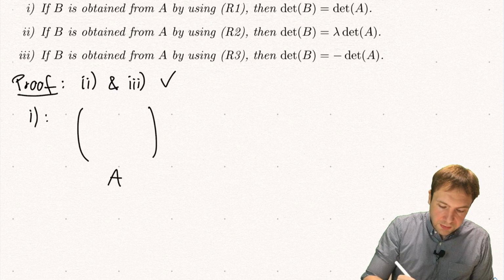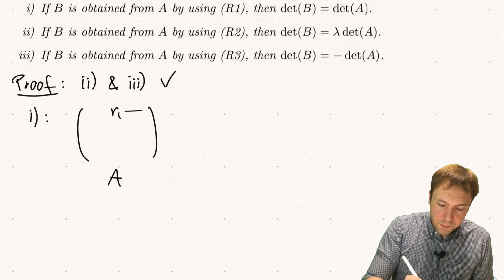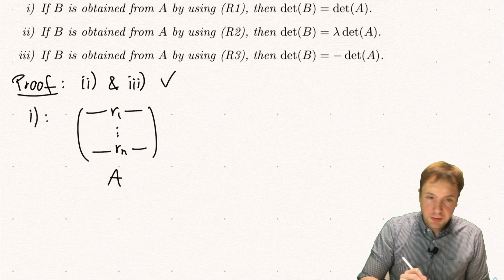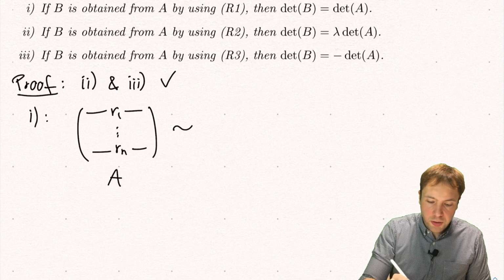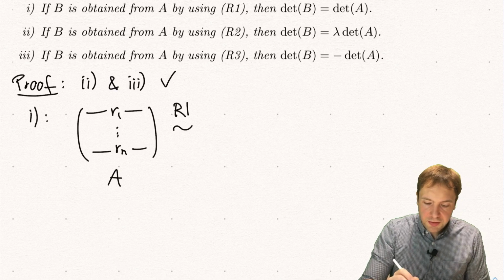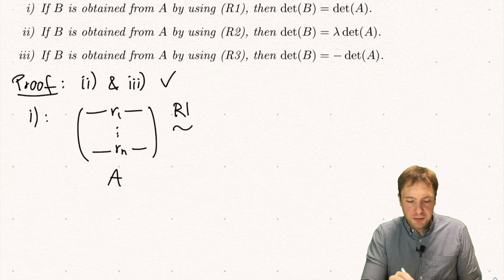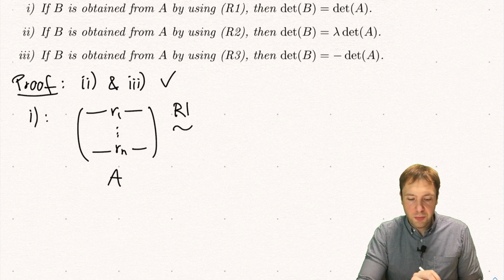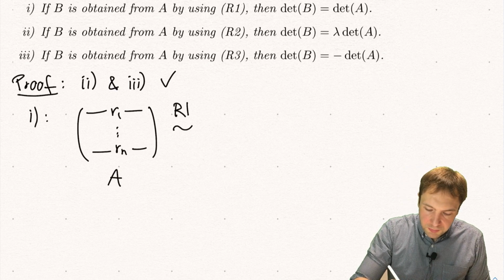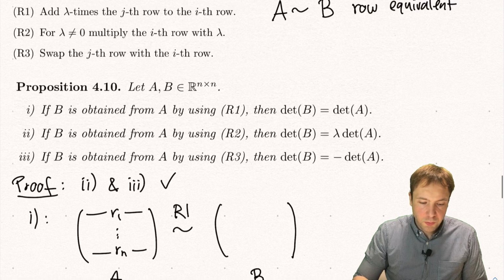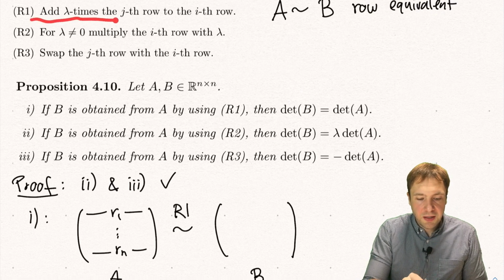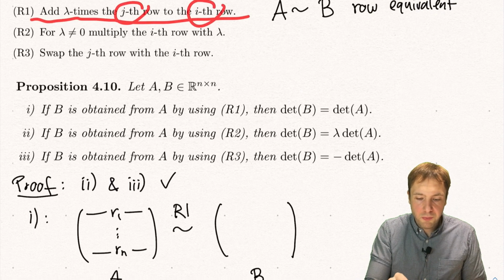So this is A, and let's call the first row R1 and up to Rn. Now I use R1, so I want to use this notation here. This matrix is row equivalent, after using this row operation R1, to the matrix which we now call B. R1 was adding lambda times the jth row to the ith row.